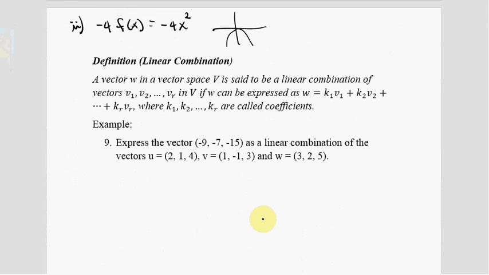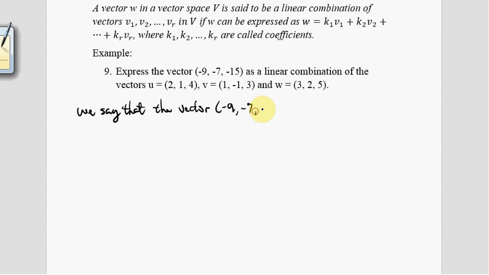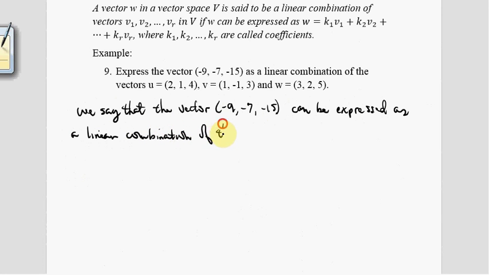So let's write it out. We say that the vector (-9, -7, -15) can be expressed as a linear combination of the vectors U, V, and W if there exist scalars.